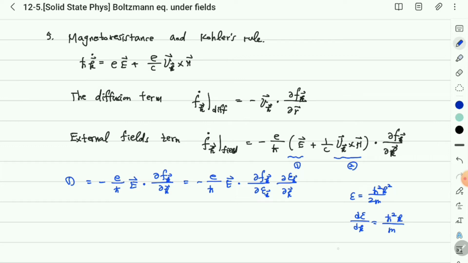Then m v is h bar k, therefore h bar k over m is h bar v.